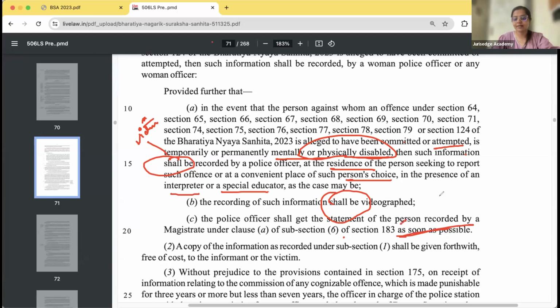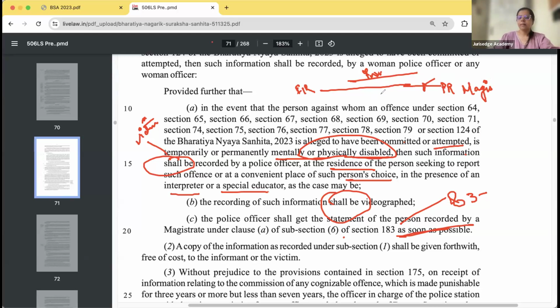Now, what is 183? We are going to study it tomorrow because it is important. I told you that we are covering this for now till the police report, the investigation part. Usually the investigation is conducted by the police officers only. But the magistrate also takes part.